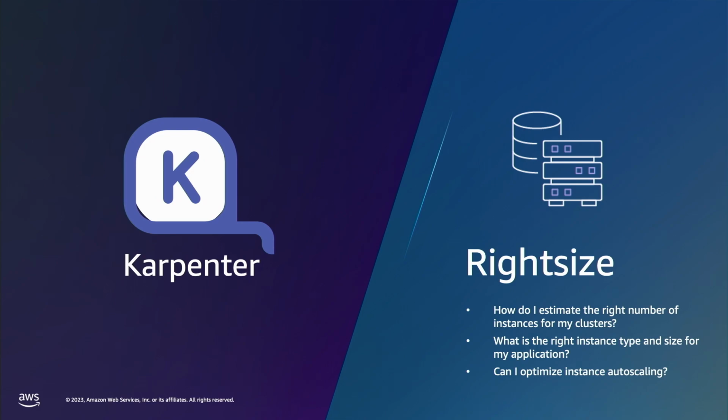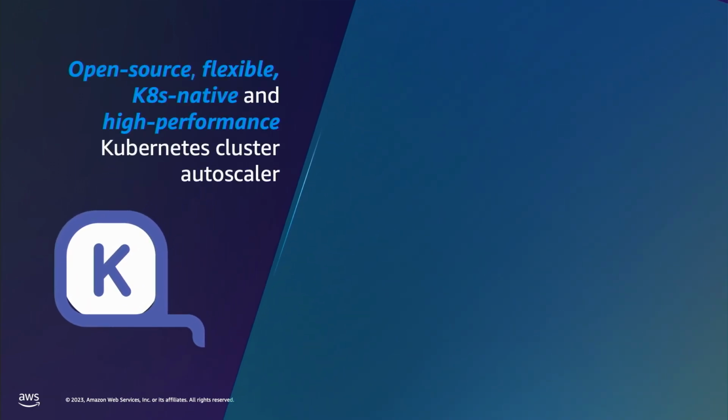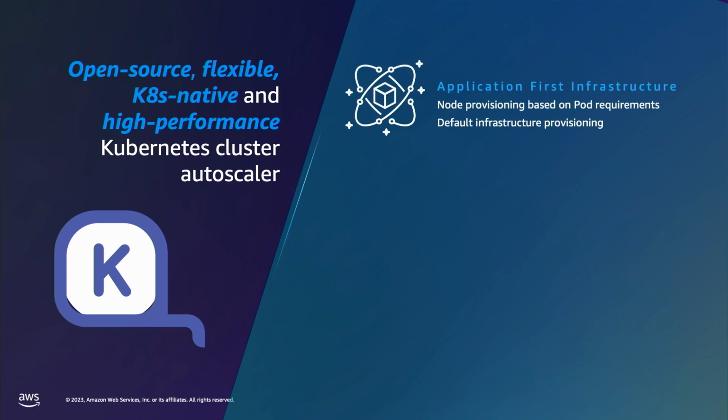So what is Karpenter? Karpenter is a Kubernetes native autoscaler. We, as AWS, built it, but we open sourced it, so it's an open source project, and is application-centric. That means that the metric that it uses for scaling is dictated by the applications that are actually running on your nodes.